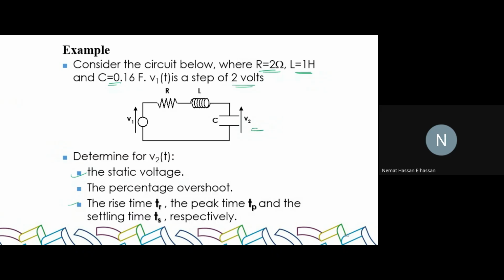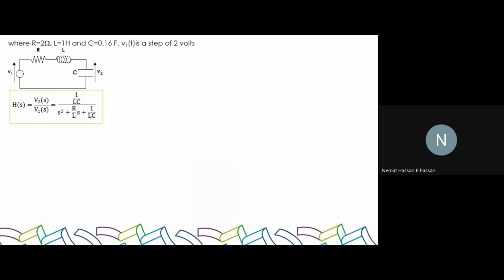So to evaluate the static voltage, I went back to the circuit, and this is my transfer function. So basically, we need to know what is V2. From this, we can establish that V2 is equal to H of S times V1 of S, right?